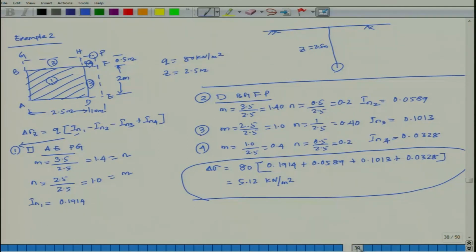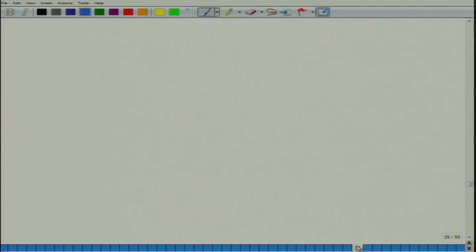Another problem I am giving for you. I will solve more problems later on. So, example 3, and this point is your point P inside.